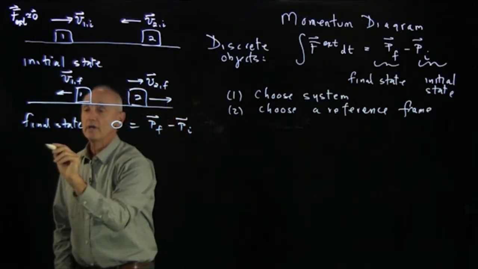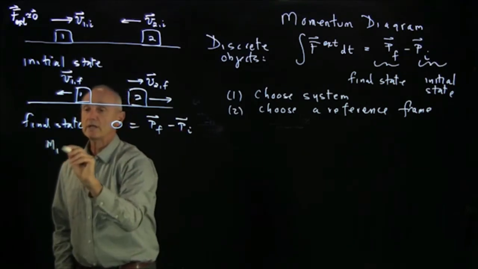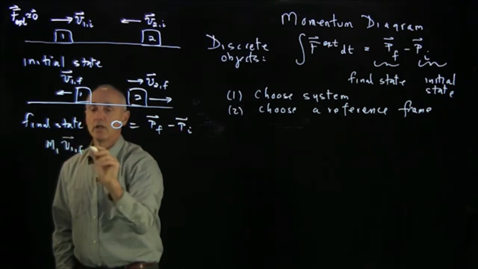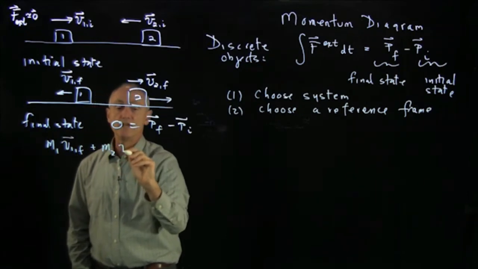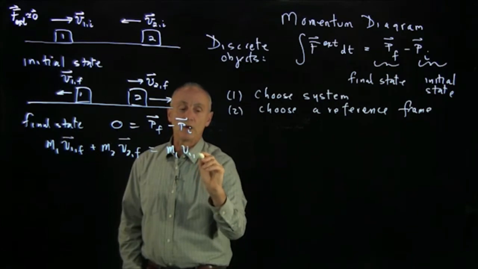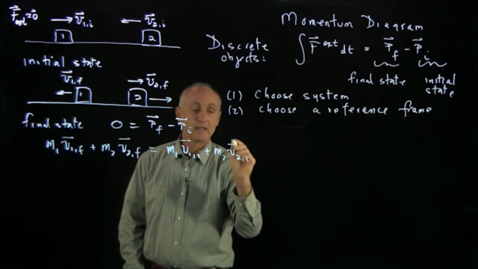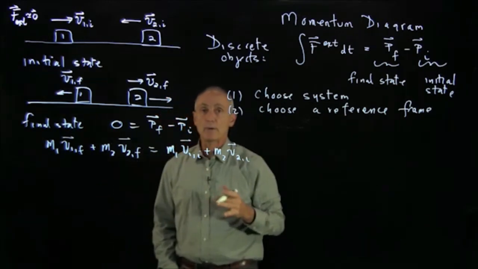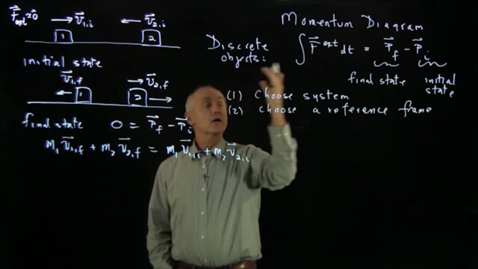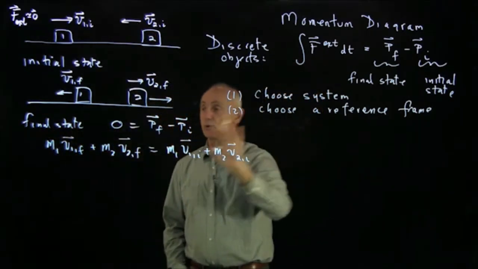So the final momentum will be equal to the initial momentum. We can write down m1 v1 final plus m2 v2 final is equal to m1 v1 initial plus m2 v2 initial. And that's how we can represent a collision where there are no external forces and use our momentum principle.